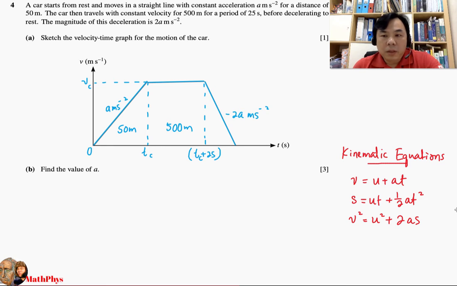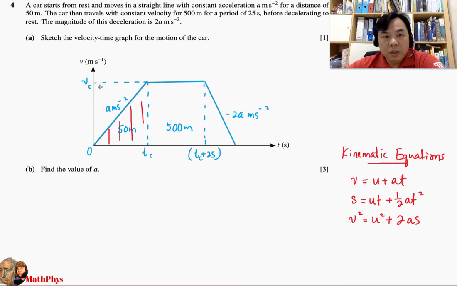Okay, so let's take a look at how we can actually make use of these SUVAT equations to help us solve for the value of A here. Now, I think the first one we are going to use is V equal to U plus AT for this first section here.